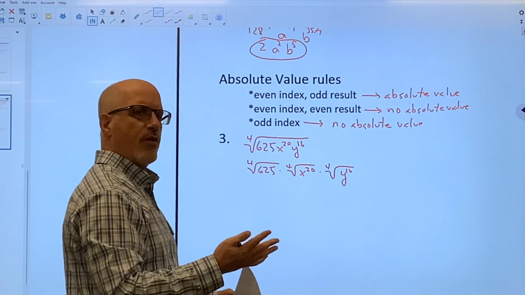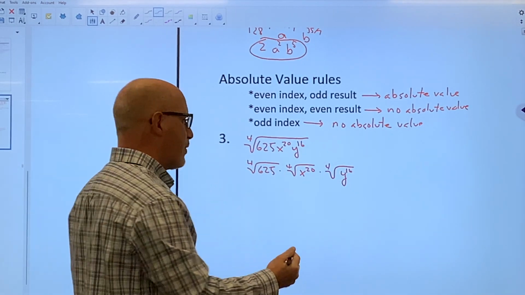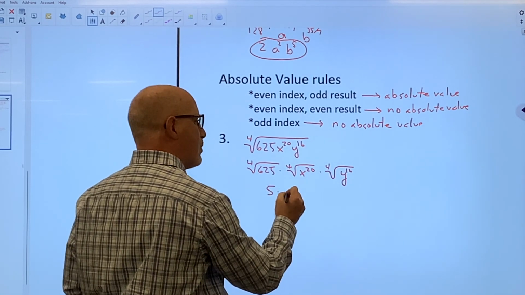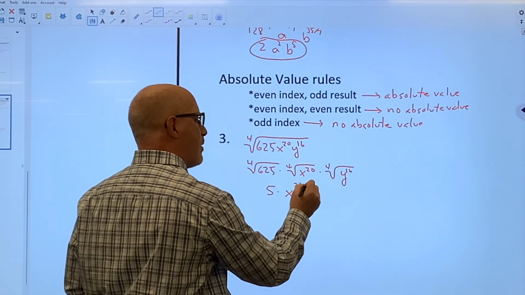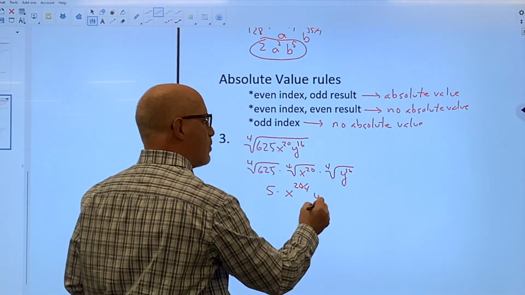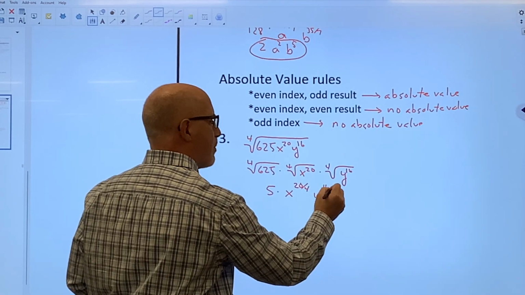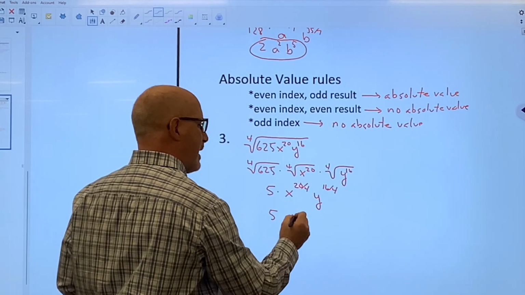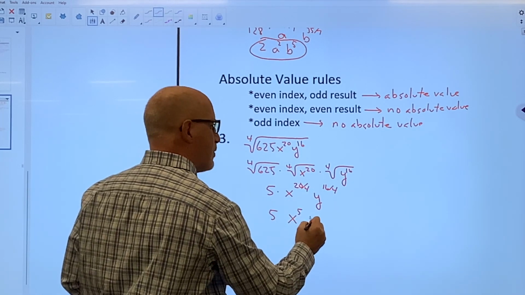This, if you do 625 to the 1/4 power, is equal to 5. This one will have x to the 20 over 4 power, and this is y to the 16 over 4 power. Now if we simplify those two, this can be x to the 5th, and this will be y to the 4th.